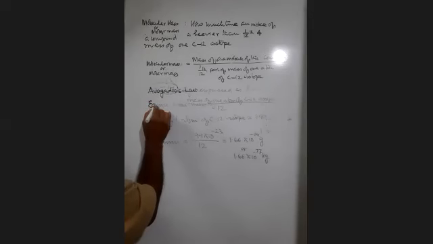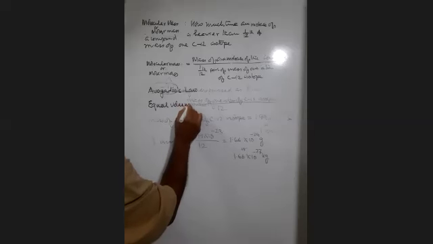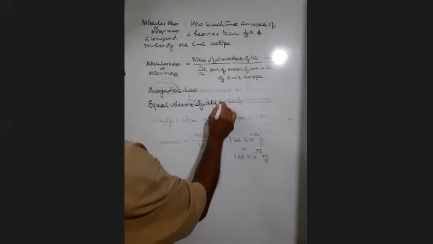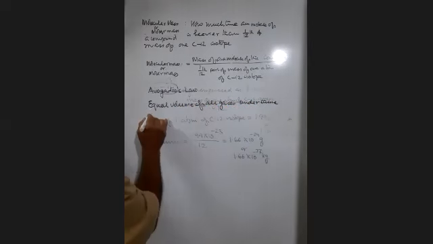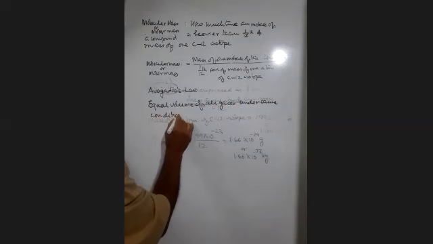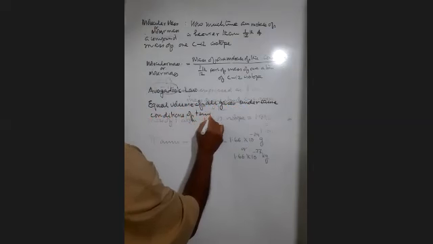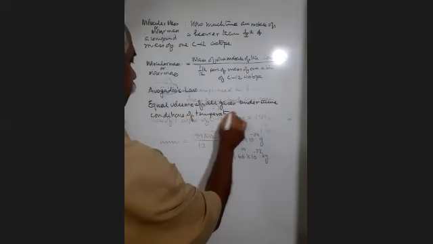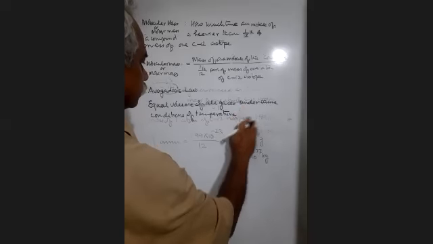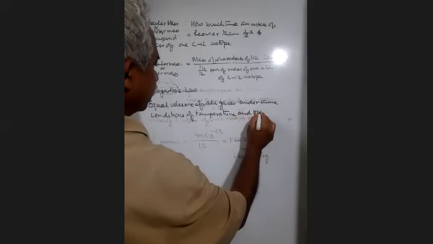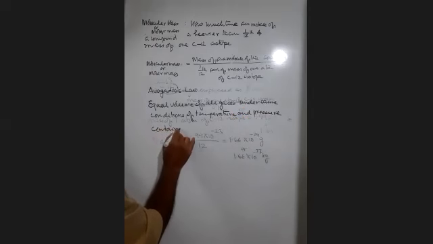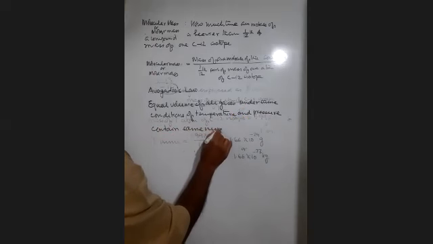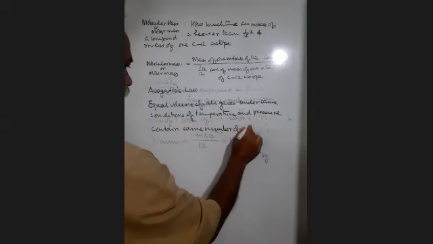So what is this Avogadro's law that you have studied in school? We say equal volumes of all gases under the same conditions of temperature and pressure contain the same number of molecules.